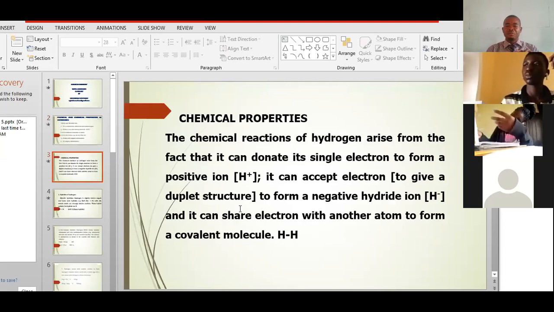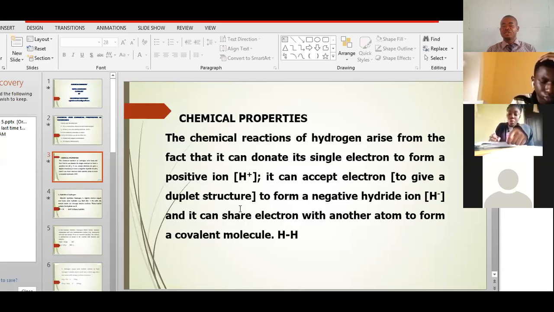There are 3 major points on this slide under the chemical properties of hydrogen. Number 1, hydrogen can give out its single electron to become positively charged. Do you understand? Because it has just 1 electron in its orbital. And as well, it can accept electron from many other elements, e.g. group 1 elements, alkaline metals, so that it will become negatively charged.